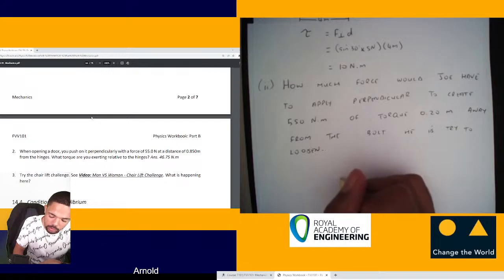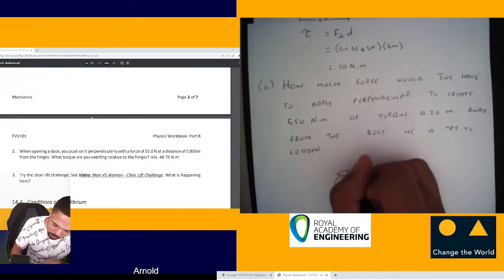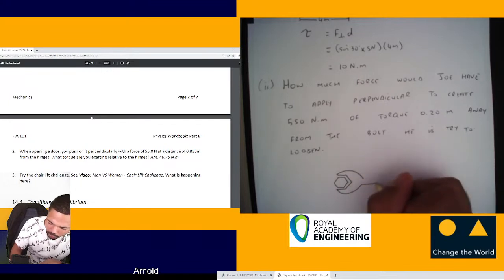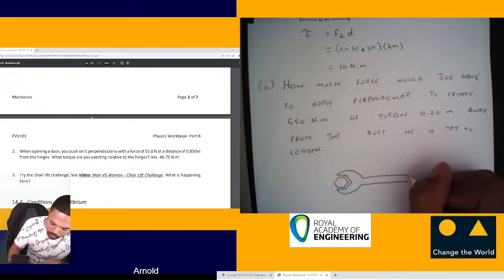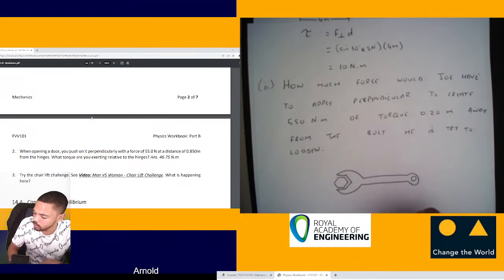Or let's just draw a normal spanner, that will be easier. There's the spanner, and Joe is trying to loosen this bolt with the spanner.